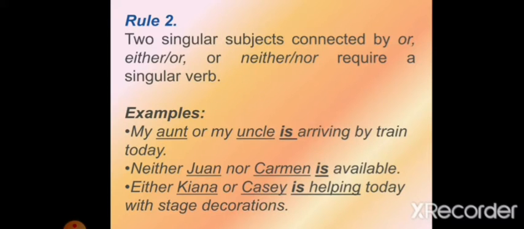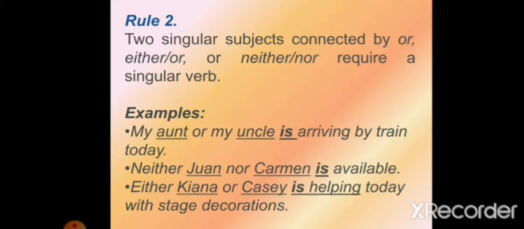Now the second example is neither Juan nor Carmen is available. So this is neither. We are talking of one of them. The sense is neither him nor her. So neither Juan nor Carmen is available. Neither one of them is available. So whenever there is either or, neither nor, understand that you are using the singular verb.